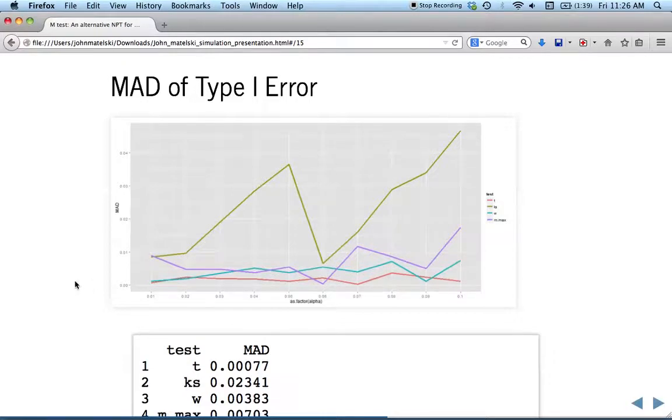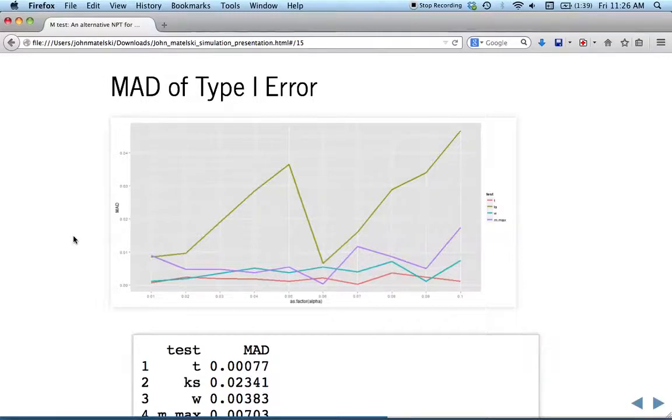And what we want to see here is flat lines that are close to 0. I say that because if I'm measuring the deviation from the stated alpha level, the idea is the test should be doing exactly what the alpha level says.